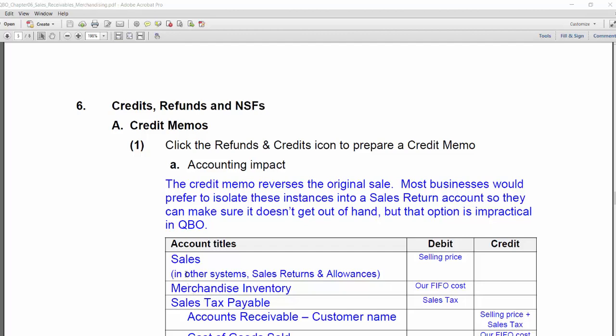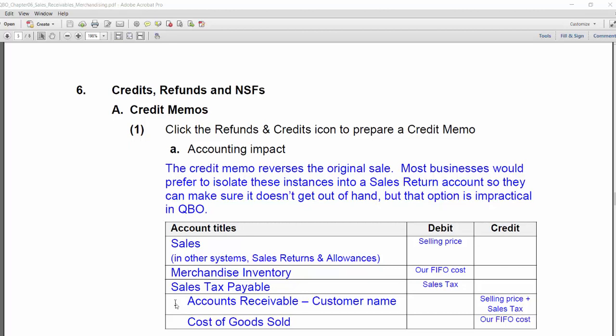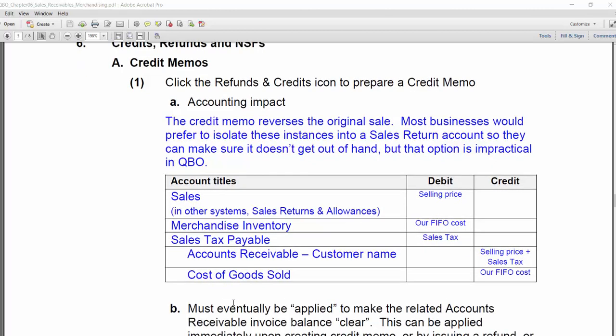In recording a credit memo, we debit sales and also put the merchandise back in merchandise inventory, debit out the sales tax payable from the sales tax payable account, credit accounts receivable to reduce that, and credit our cost of goods sold to reduce that.